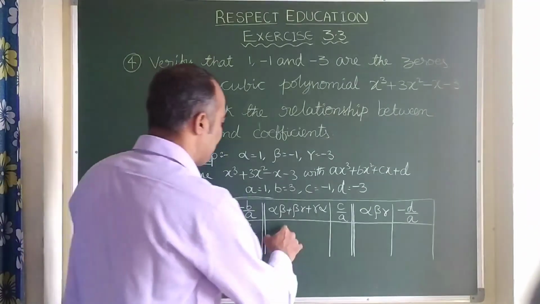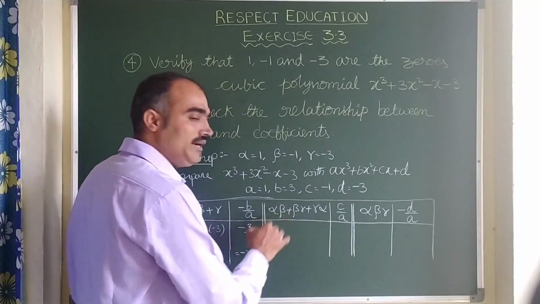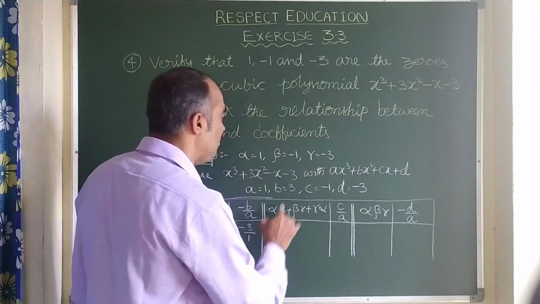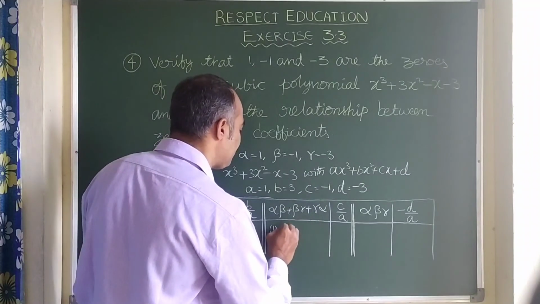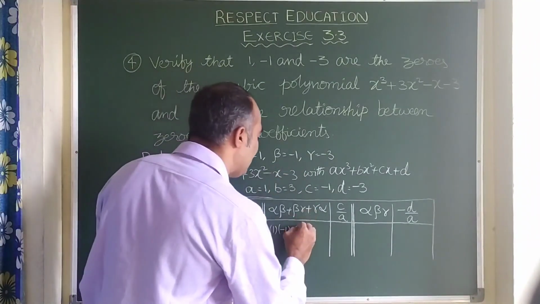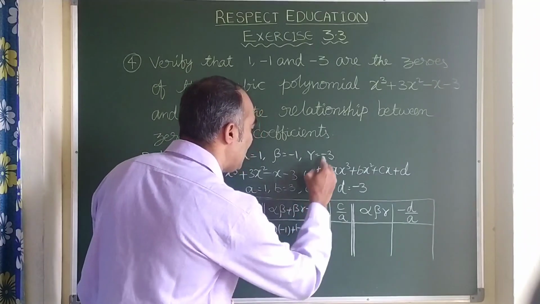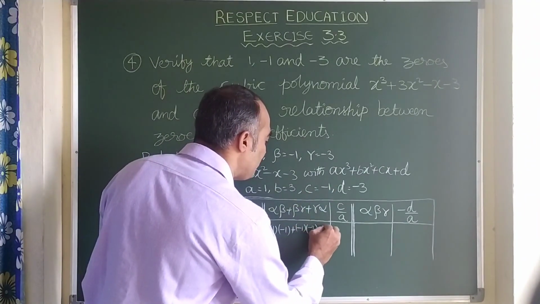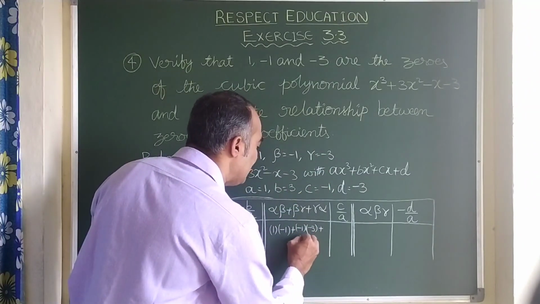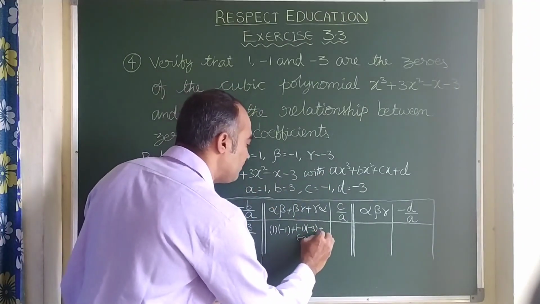Here you observe these two are equal. Now next one, alpha into beta. Here alpha is 1 into beta is minus 1, plus beta into gamma, beta is minus 1 into gamma is minus 3, plus gamma into alpha, gamma is minus 3 into alpha is 1.